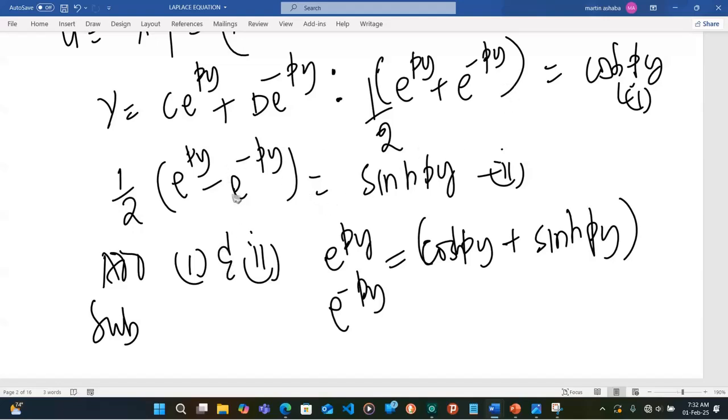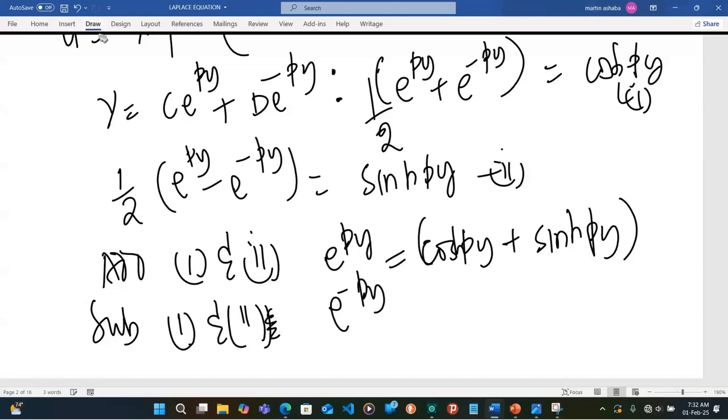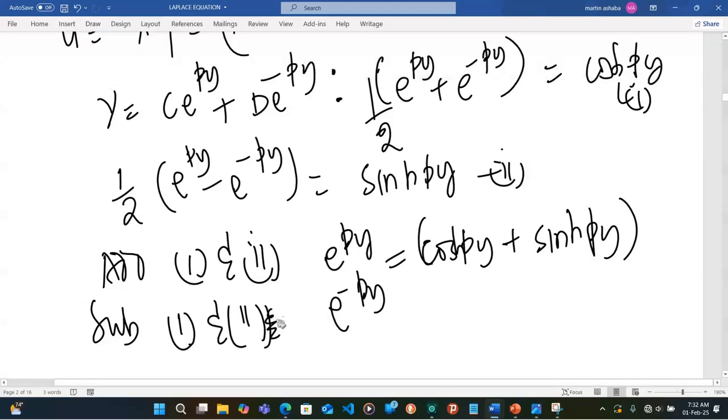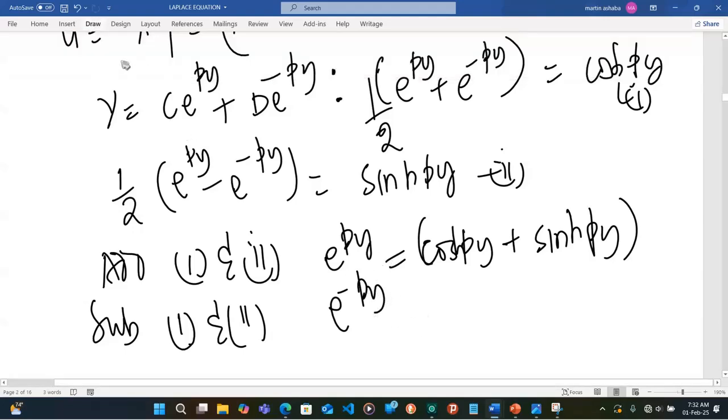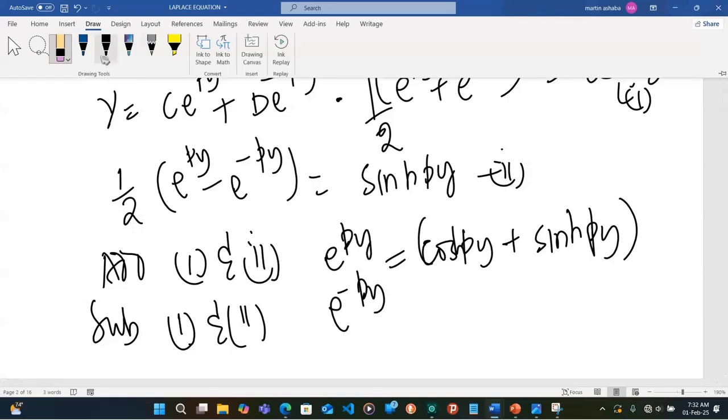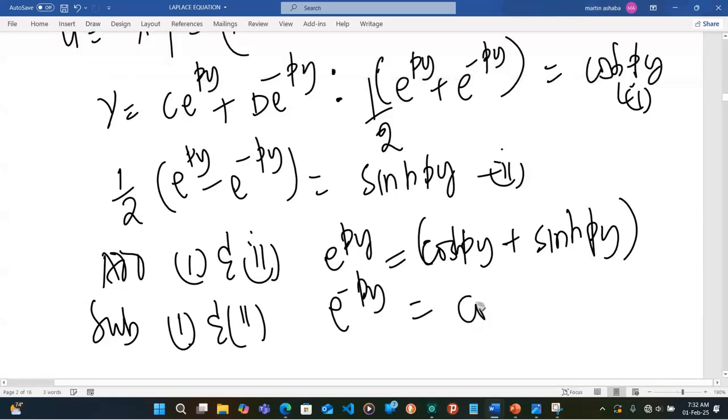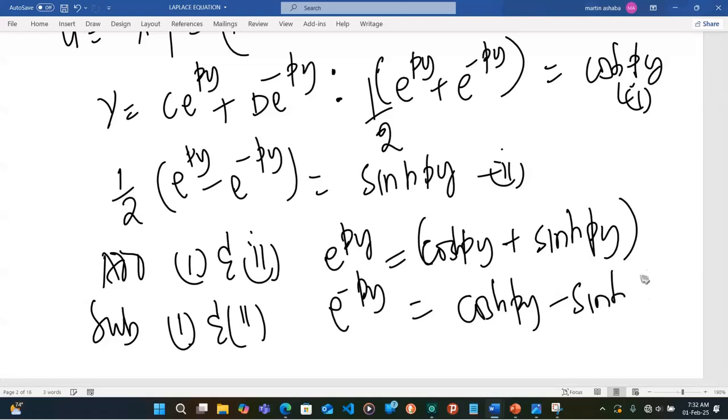Then negative exponential py will be from subtracting the second from the first. So if I subtract, I'll get exponential of negative py, which is equivalent to the hyperbolic cosine py minus hyperbolic sine py.